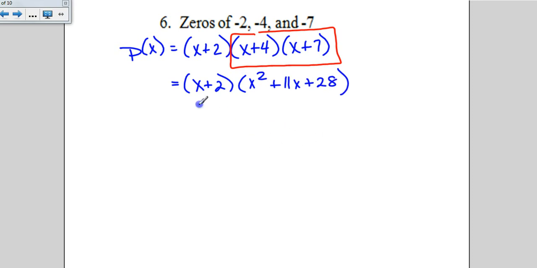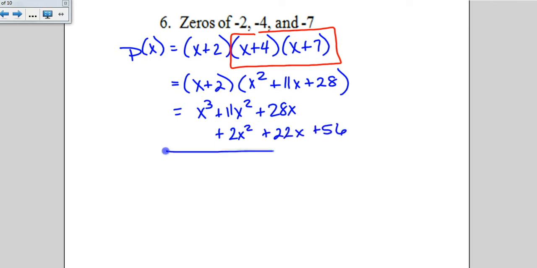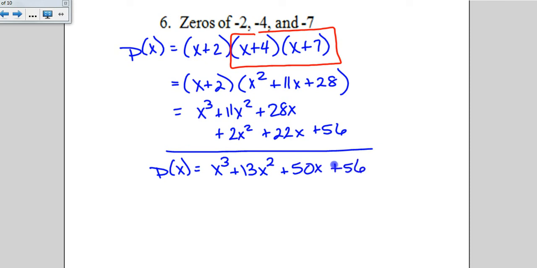And then if I go ahead and FOIL, or distribute, I distribute the x to everybody, and I get x to the third plus 11x squared plus 28x, and then I do the same thing with the +2, so I get a 2x squared plus 22x plus 56, and then when I combine my like terms, my final polynomial is x to the third plus 13x squared, let's see, plus 50x plus 56.